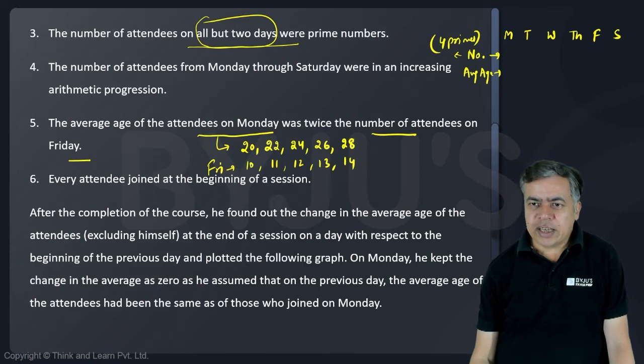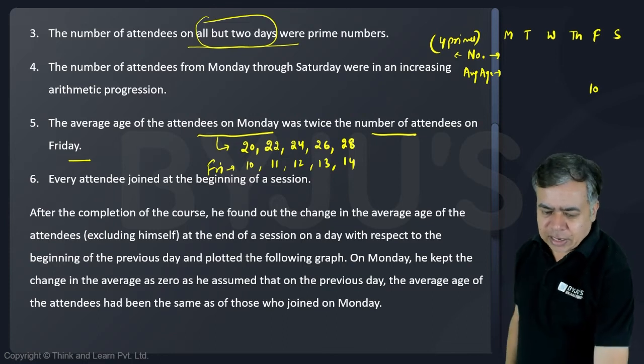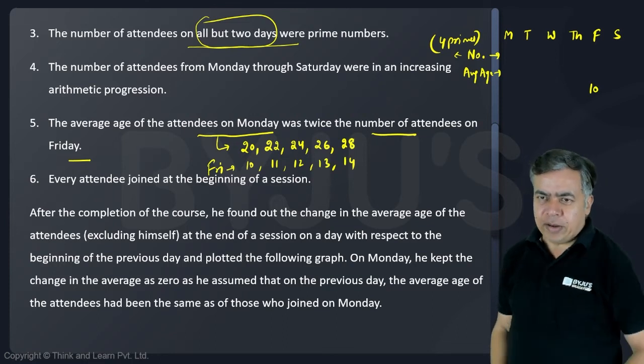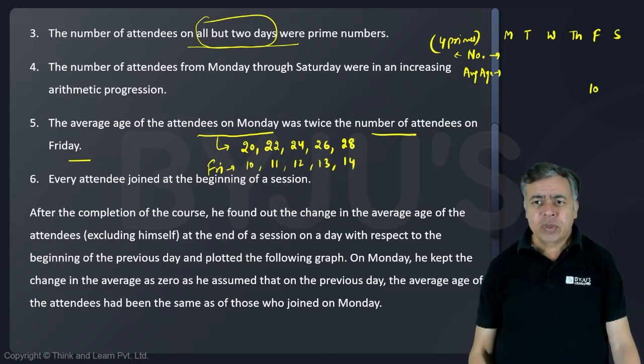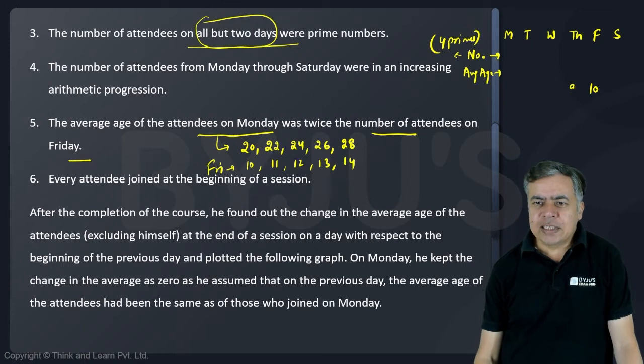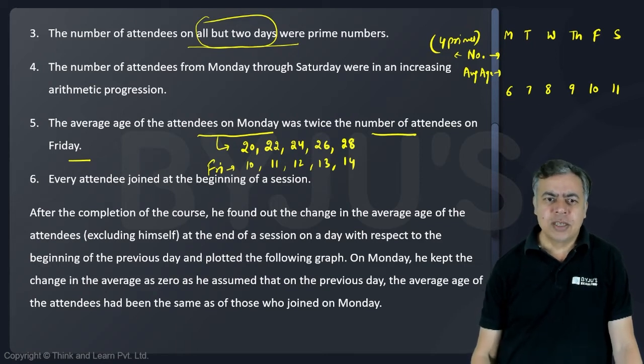If the number of attendees on Friday is 10, what AP can you have? You can have AP as 9, 8, 7, 6, an AP with the common difference of 1. But can you think there are 4 prime numbers there? Only 7 is prime. So no, this is not possible.